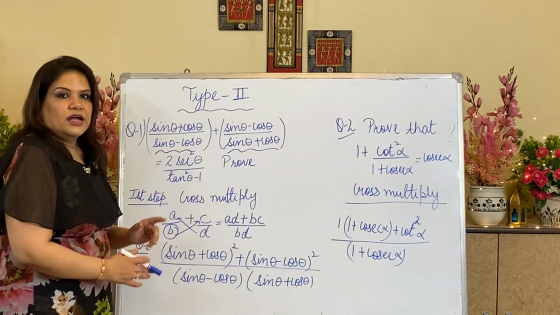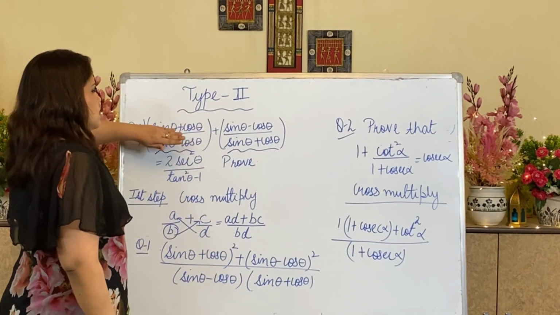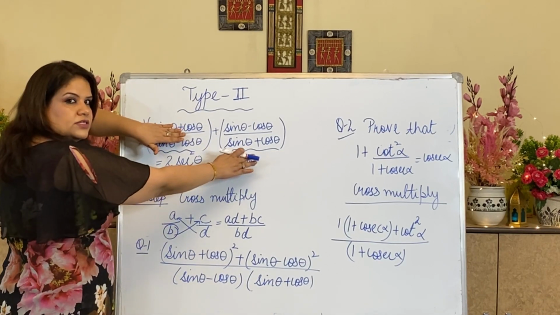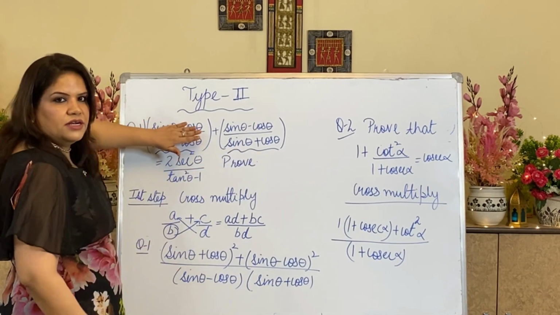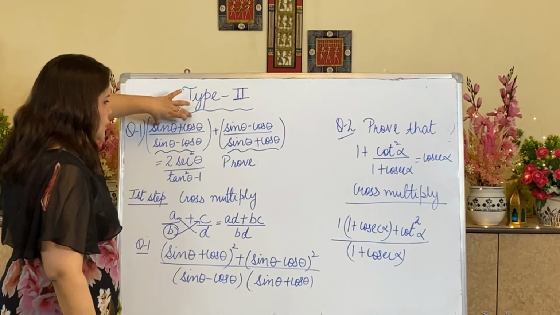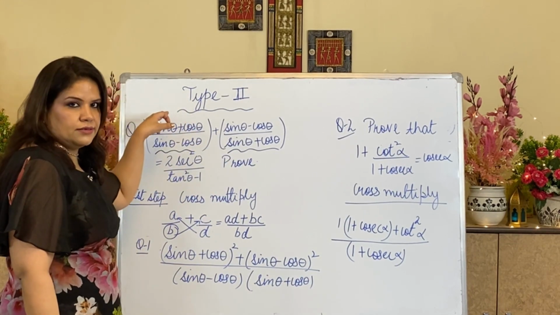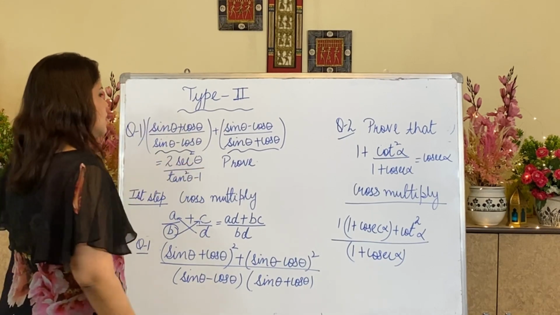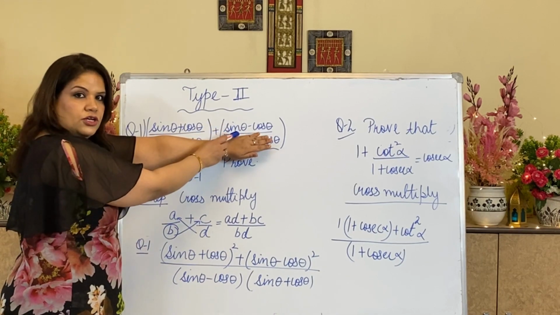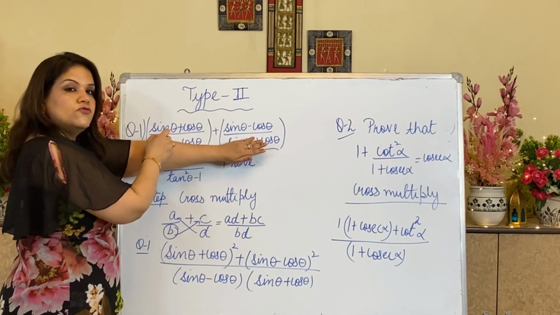For the new numerator, I told you, this is my numerator for the first term and this is the denominator of the second term. Forget about this denominator right now. They both will get multiplied and will give the numerator, not the denominator. Plus, this is my second numerator and this is my first denominator.